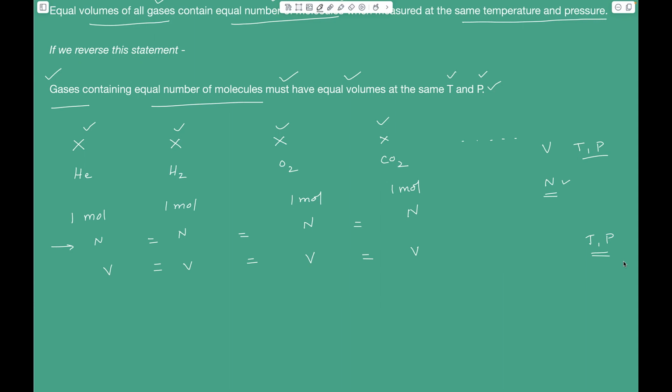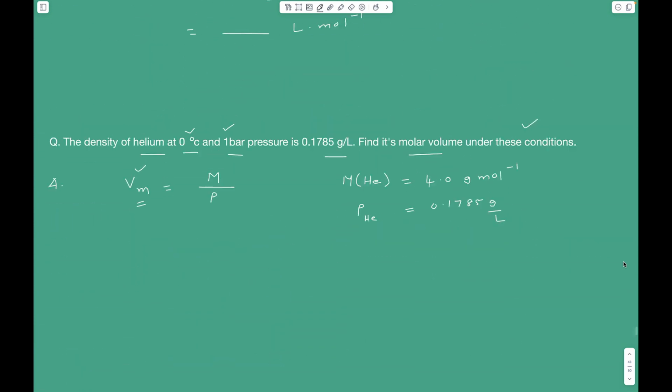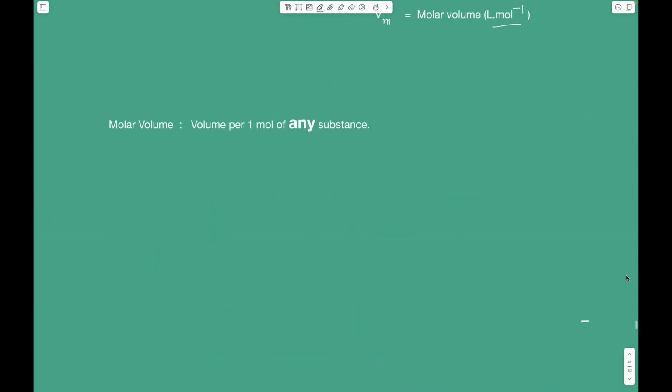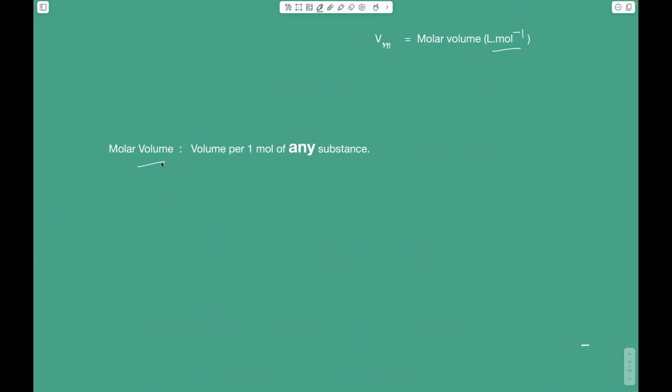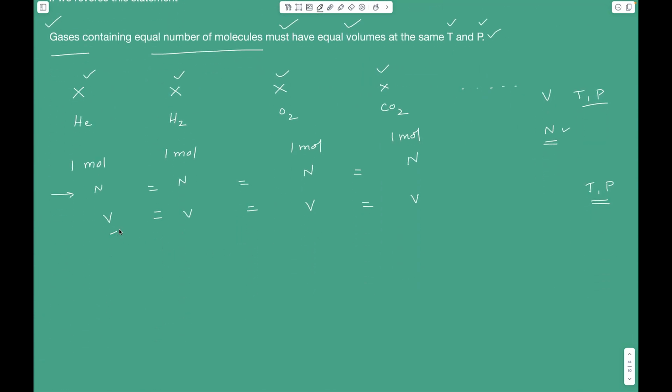And we have a special name for the volume of any substance per 1 mole of that substance, that is molar volume, right? So whatever we have here is the volume per 1 mole of the substance. That means it is molar volume.